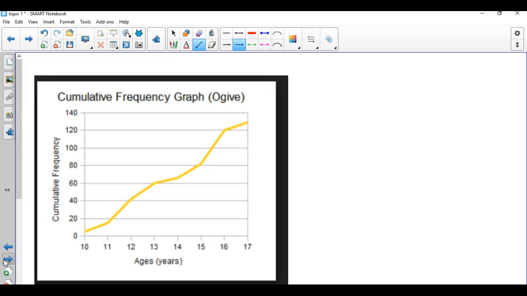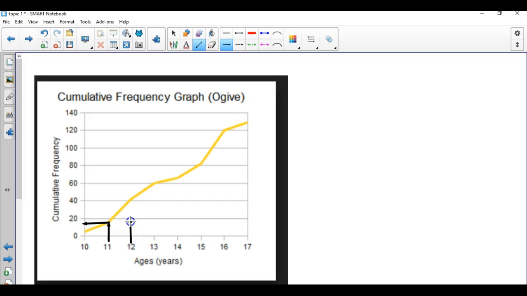Here's a cumulative frequency graph. So this one's not dealing with percentiles. This is dealing with actual counts. So if you look at this here, you can say, from 10 to 11 years old, I'm going to go up to 11, and I'm going to say there's a frequency of approximately 18.